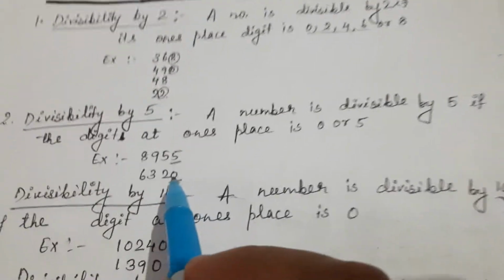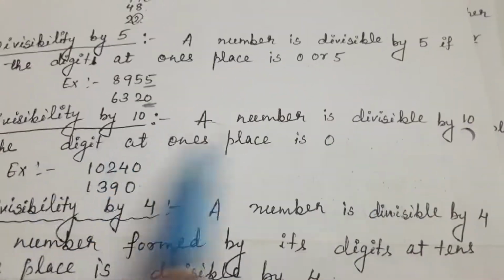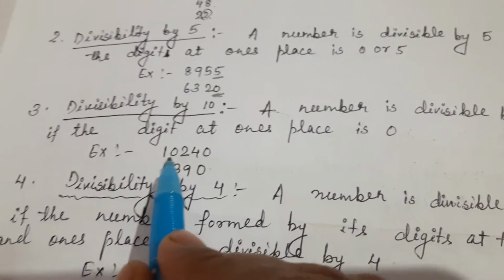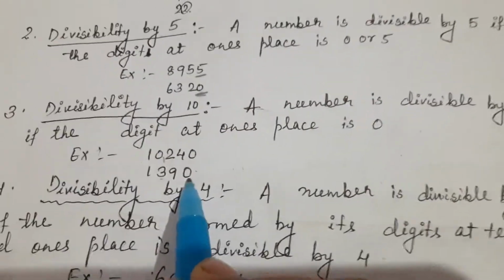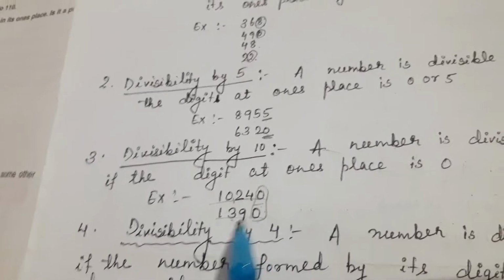That's why these two numbers are divisible by 5. Then divisibility by 10. A number is divisible by 10 if the digit at ones place is 0. For example, 10,240 and 1,390. Here the ones place digit is 0, so these numbers are divisible by 10.